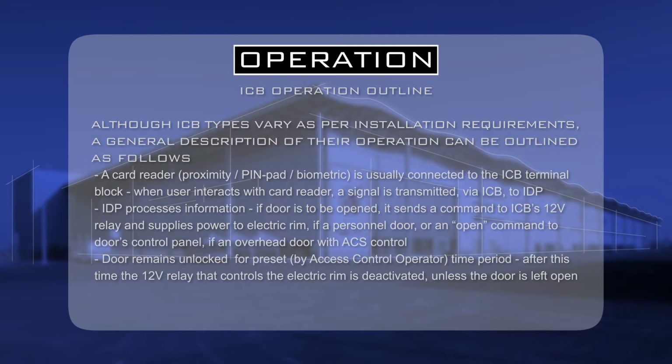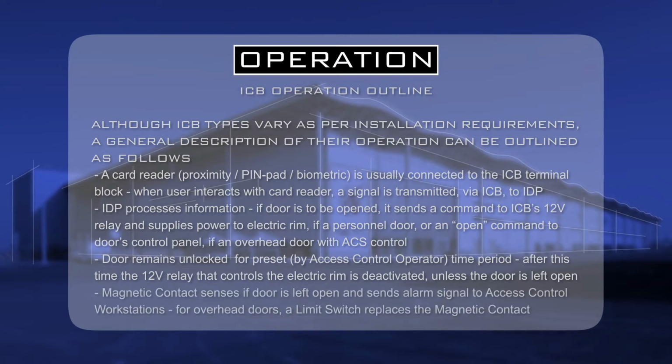After this time, the 12-volt relay that controls the electric rim is deactivated, unless the door is left open. The magnetic contact senses if the door is left open and sends an alarm signal to access control workstations. For the overhead doors, a limit switch replaces the magnetic contact.